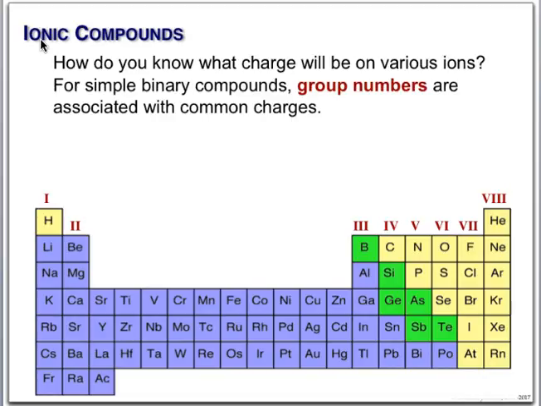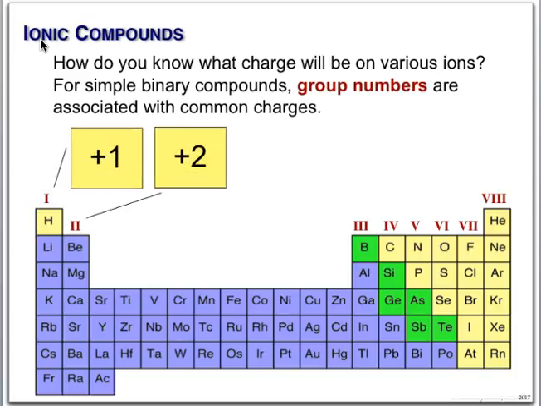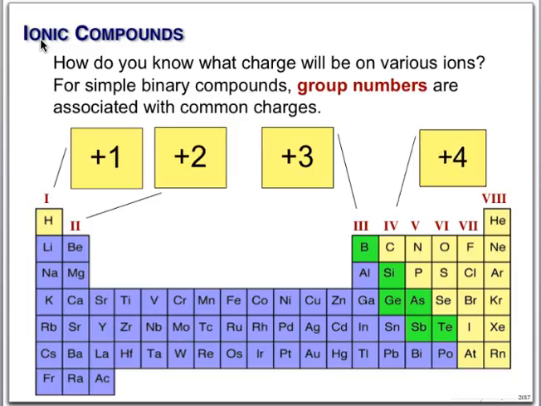Turns out that the metal ions that are in group 1 form a positive ion with a +1 charge. Metal ions in group 2 are +2. The metal ions in 3 are +3, and the metals here in 4 are +4. So the group number tells you the charge on the metal ion.